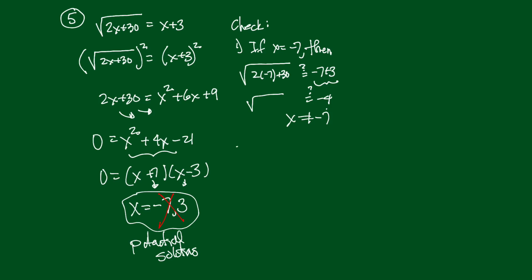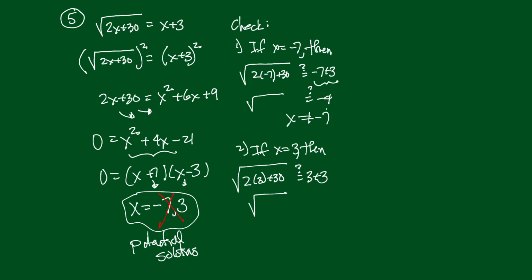Now, number 2, what happens if x is equal to 3? Then put the 3 back up here into the original equation. Replace all those x's. So we'll get the square root of 2 times 3 plus 30. Is that equal to 3 plus 3?